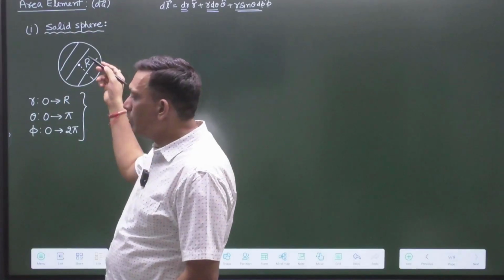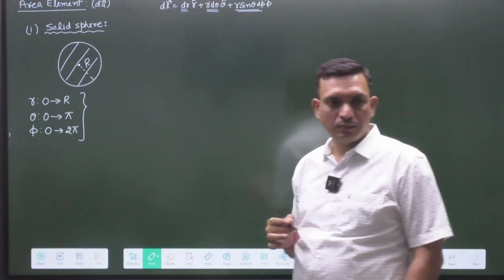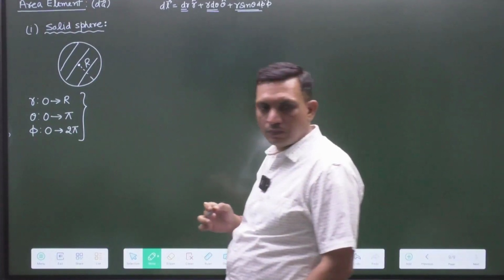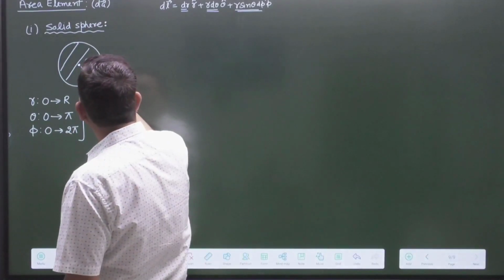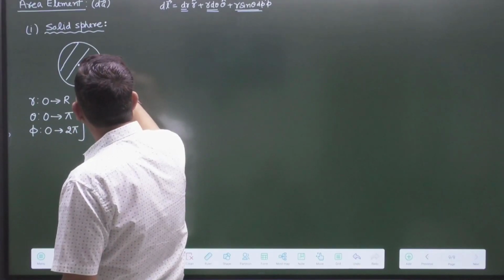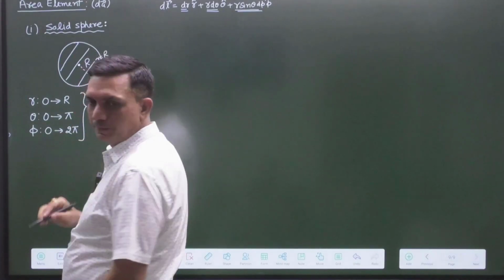And this volume is surrounded by how many surfaces? One surface, and that surface is the r equal to capital R surface.